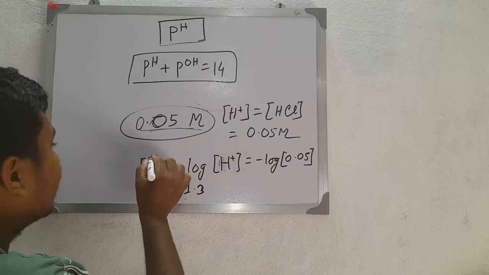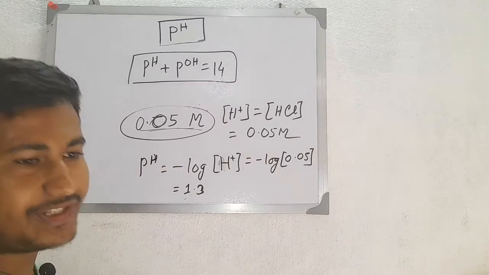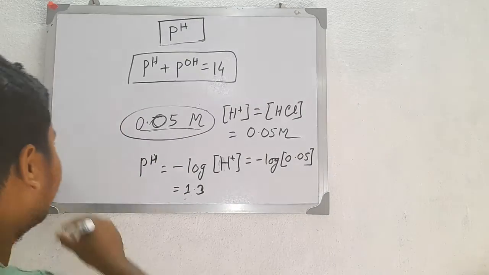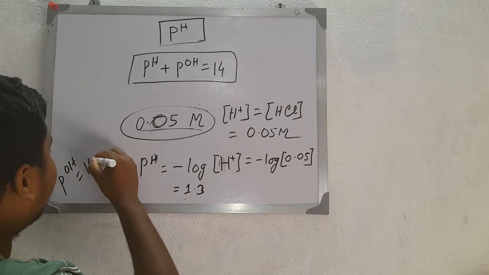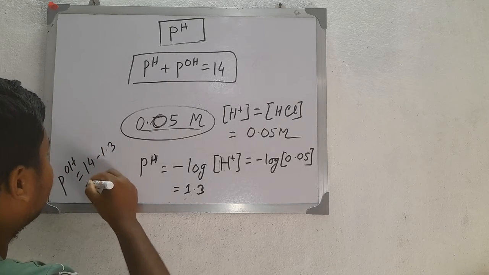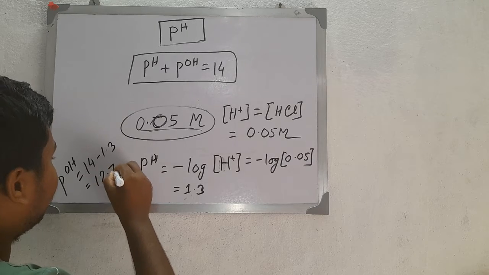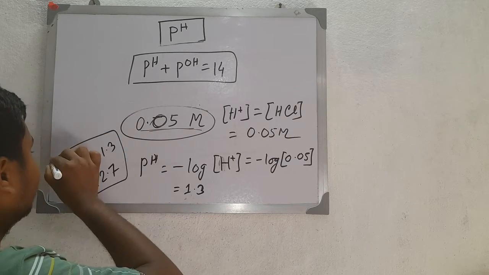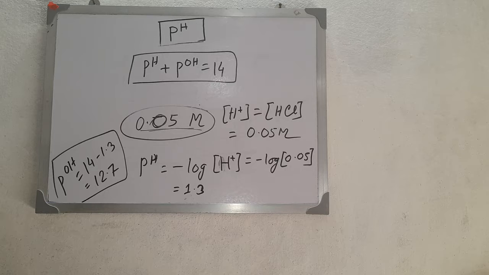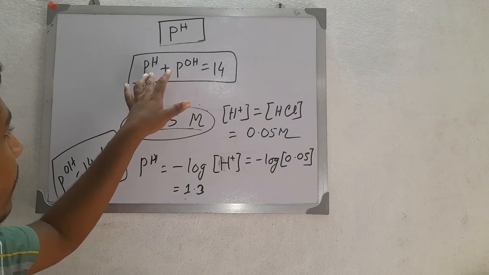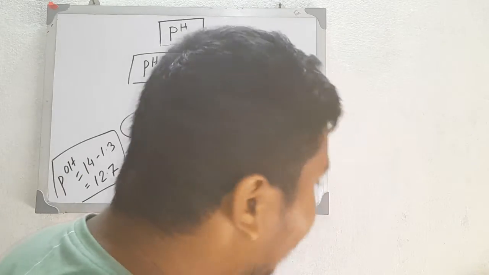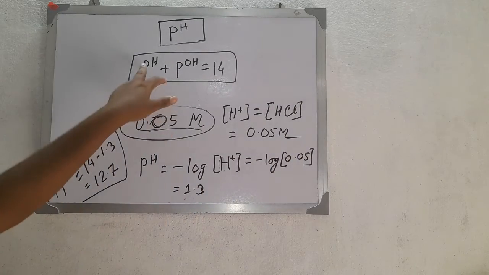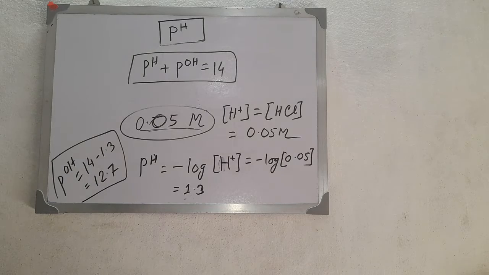So if we calculate the pOH of this solution, then pOH equals 14 minus 1.3, which means 12.7. Now we learn about this equation, pH plus pOH equals 14.